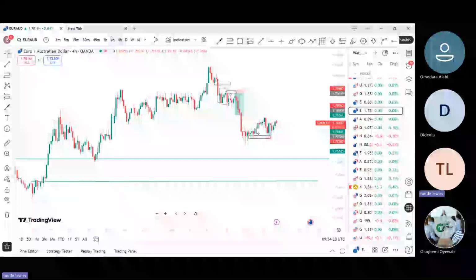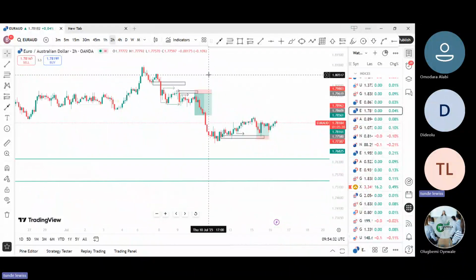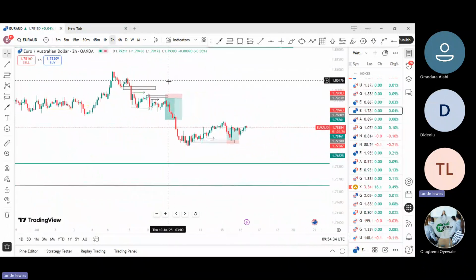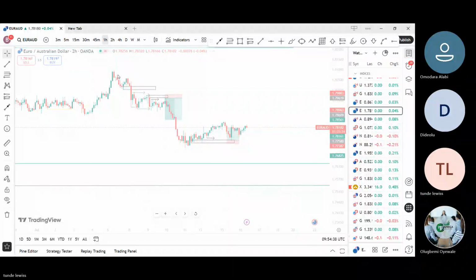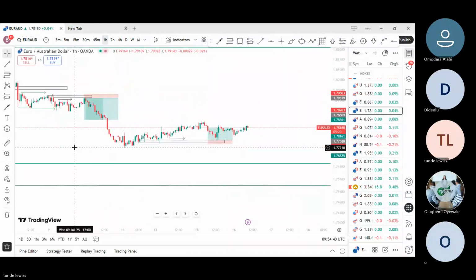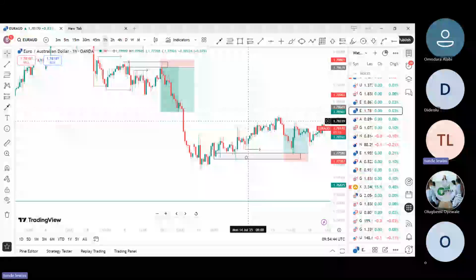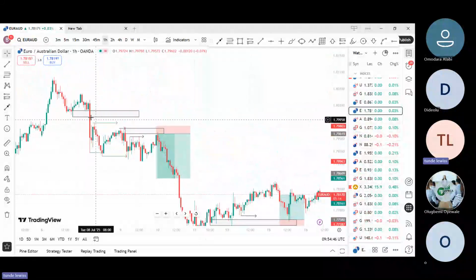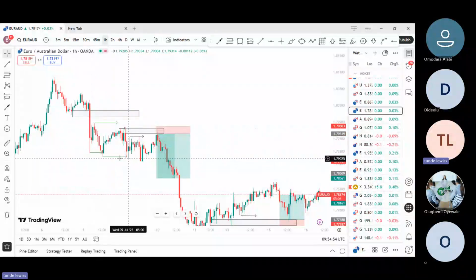But on the 2-hour time frame, there was a setup I saw last week, which I actually missed, somewhere around here. I was anticipating to use this breaker here because I have this pullback as my inducement. The pullback went back to break the structure, so I have this break of structure to the downside as well.